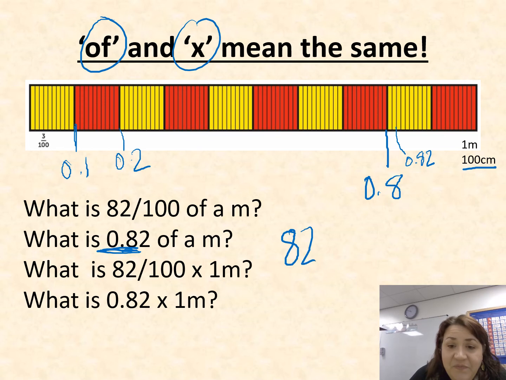Just 82. 82 centimetres. It's got to be smaller than 100, hasn't it? Because there are 100 in a metre. All these are the same. 82 hundredths of a metre, 0.82 of a metre, 82 hundredths times 1 metre, 0.82 times 1 metre. They're all the same.